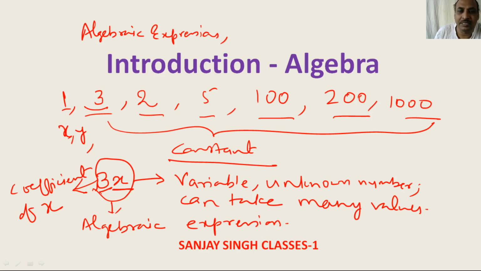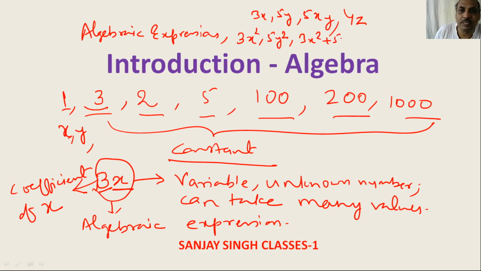Okay, so like 3x, it is a monomial, single term. Okay, right, so 3x, 5y, 5xy also, 4z. Similarly, it may be 3x square, 5y square, 3x square plus 5y square.